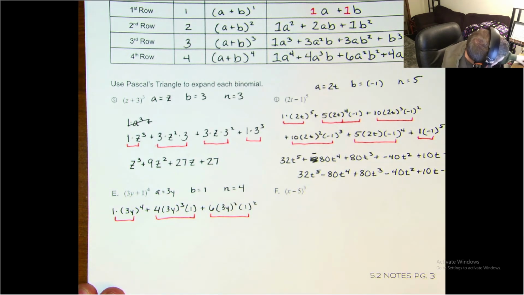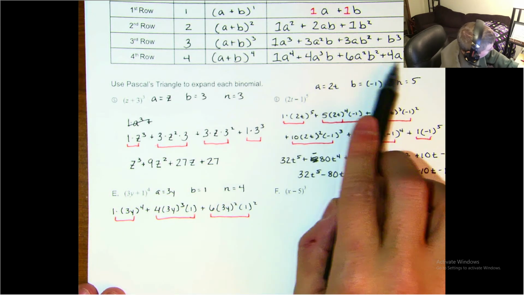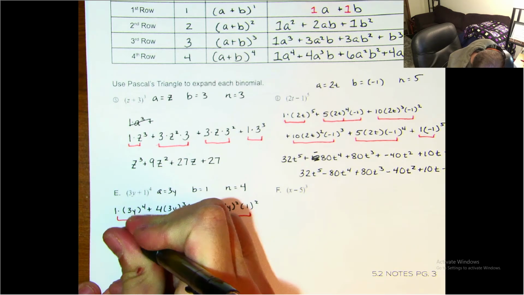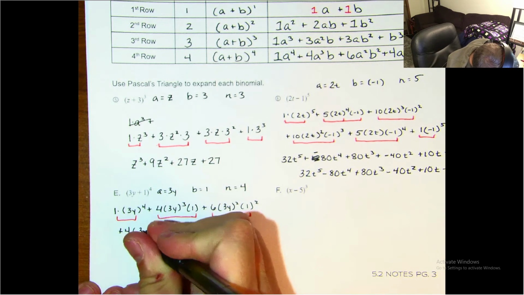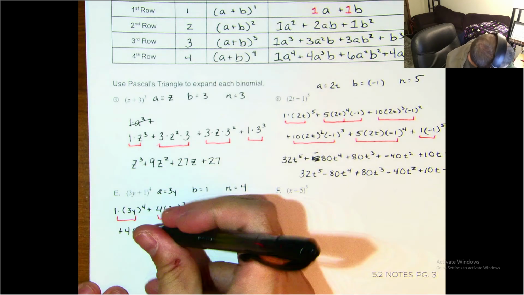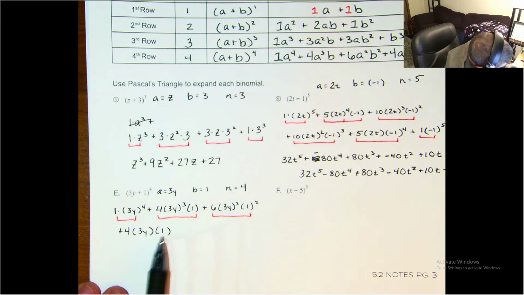Okay, I'm going to continue my work down below here. Okay, 4ab cubed, so plus 4a, 3y to the first power, so a to the fourth, a to the third, a to the second, a to the first, times b, b to the 0, b to the first, b to the second, b to the third.